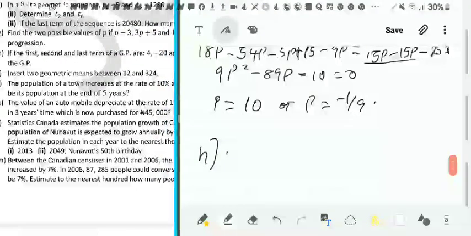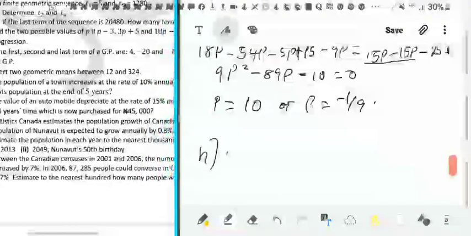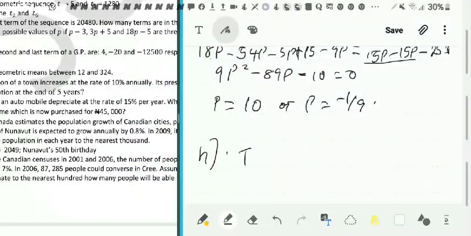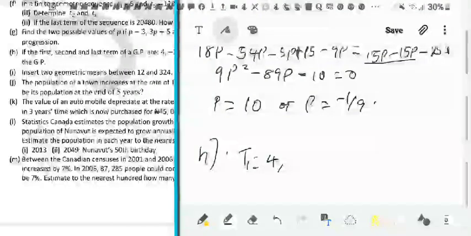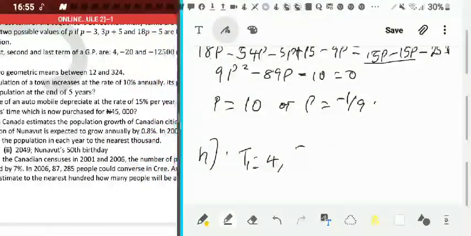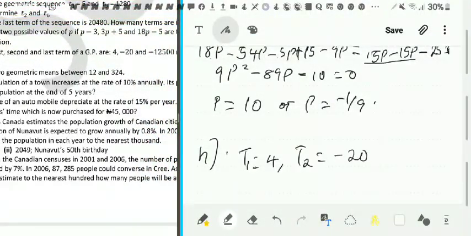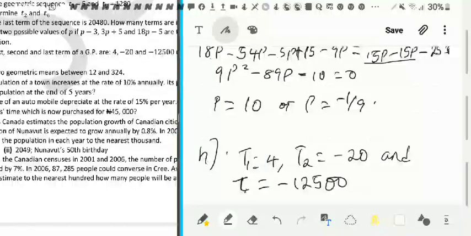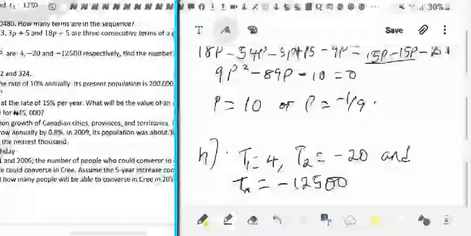Find the two possible values, if the first, second, and last terms of a GP are 4, first, T1 equals 4. Second, T2, and what? Last term, minus 12500, or let's just call it Tn, respectively.